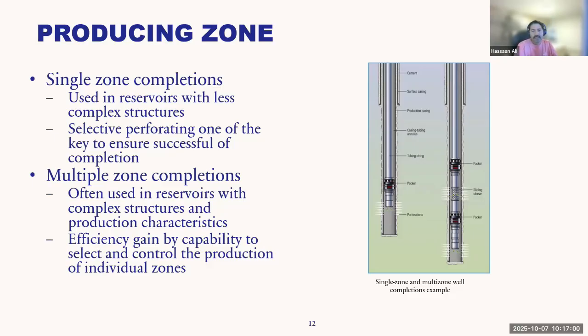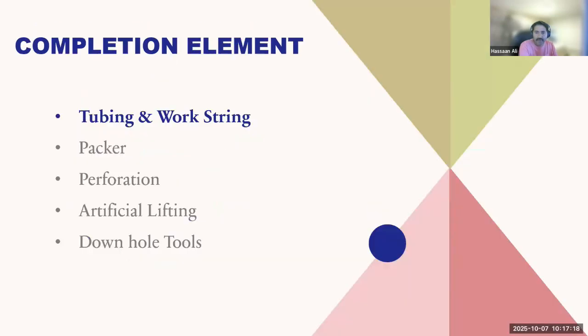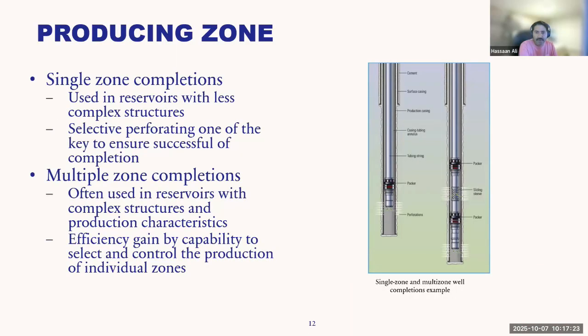But there are some scenarios where you have more than one reservoir producing. For example, you have two reservoirs which are producing. In the picture on the right-hand side, you have two reservoirs, so you need two packers to isolate these two zones. You produce from one zone that goes into the tubular, and then you have a packer right over here, and then you have another zone that is producing.